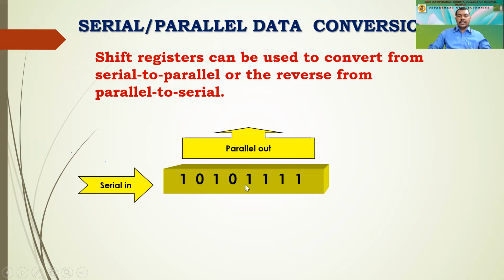Now, where do we have an example of this? I guess everybody has used a keyboard. Whenever you press a key on the keyboard, it generates an 8-bit or a 16-bit code for that particular button, that particular switch. Okay, push-to-on switch. So that particular 8-bit or 16-bit data is to be given to the processor.